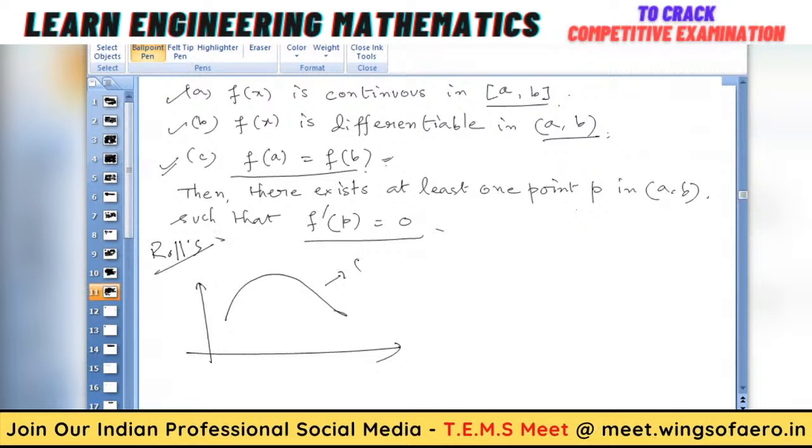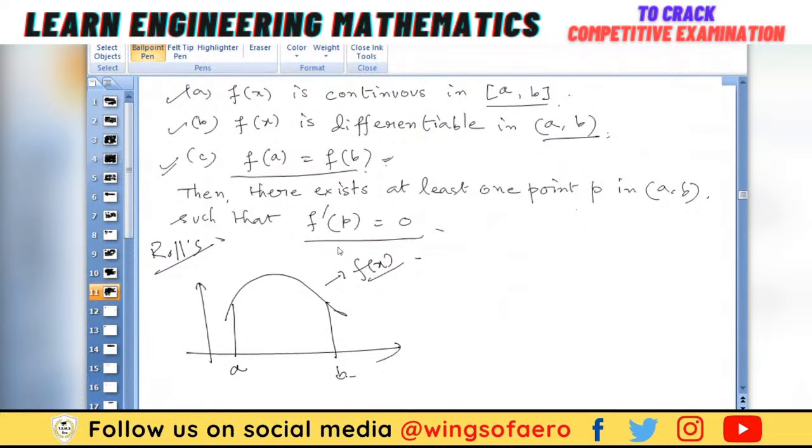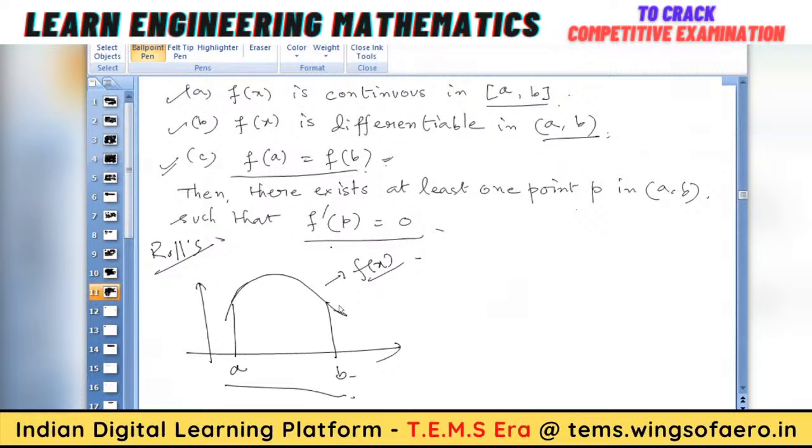This is a function f(x), a real valued function, and two points, a and b, are given to you. The function is continuous, a smooth function in between this interval AB, and also differentiable in this open interval AB. f(a) is equal to f(b).